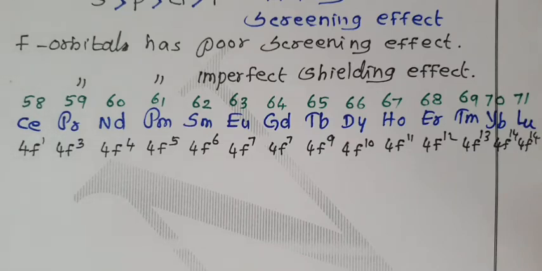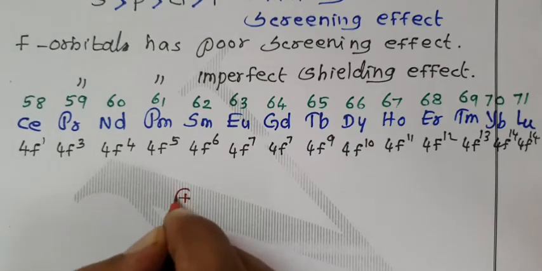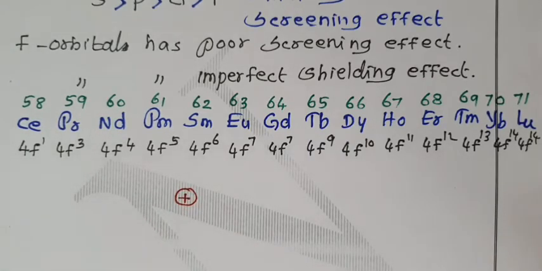In lanthanides, we know in all atoms, the nucleus is at the center. Electrons are revolving and rotating around the nucleus.